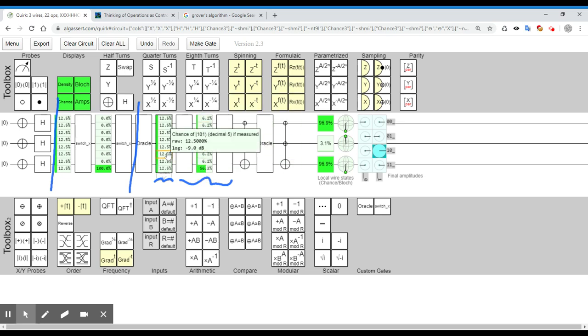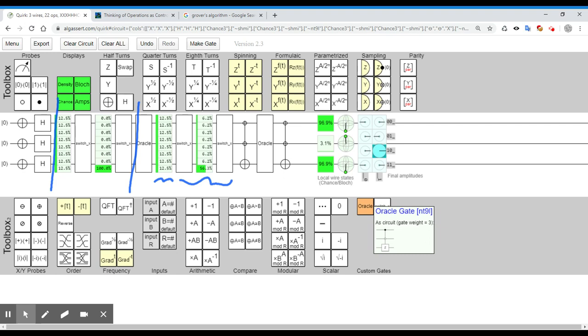In the X observable, and in the Z observable, I'm just going to call it Z and X. Maybe in the Z, nothing has changed from an amplitude or probability perspective, but the X has changed. The way I see it, what the oracle is doing at the end of the day, as you can see here, is just a control Z, but with the second control being a turned off control.